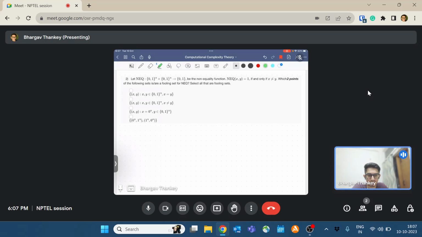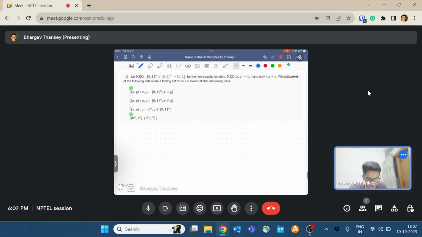So the correct answers to this problem are options A and D. So let's see why. Let's first recall what a Fooling set is.